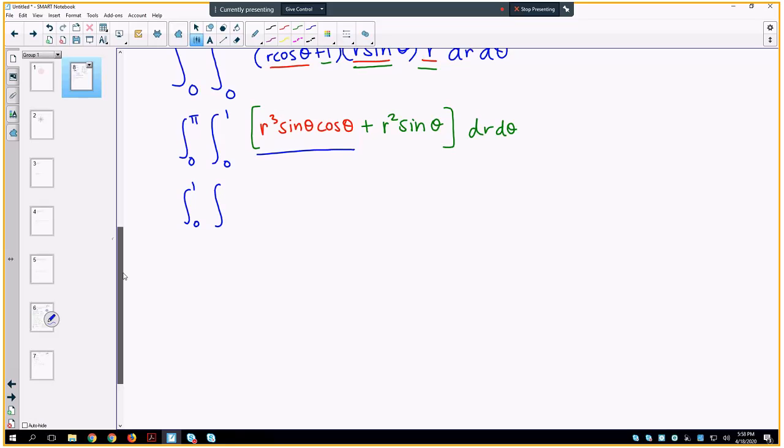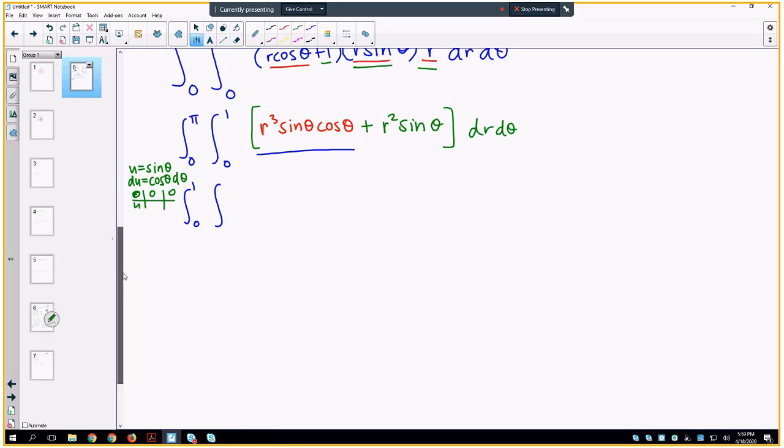I'm going to say u is equal to sine theta, so du is cosine theta d theta, and if I change my bounds between theta and u, if theta is 0, then I'm going to get 0, and if theta is pi, then I'm going to get 0.